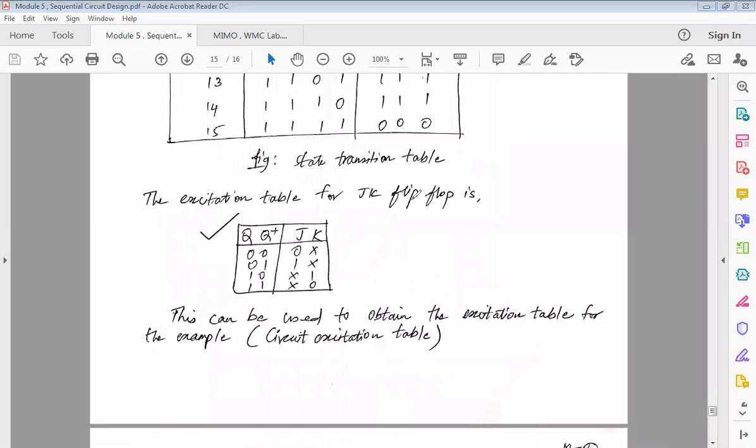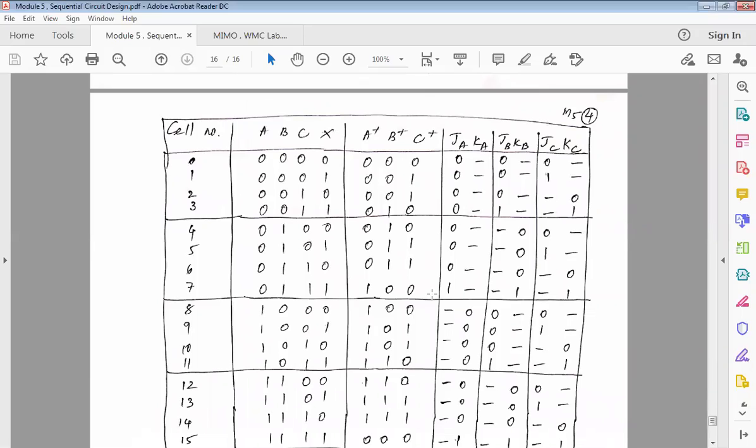Once the excitation table changes, then your circuit excitation table also changes, which means all of these values also change. If these values are changing, then the equations will also change, right? Okay.